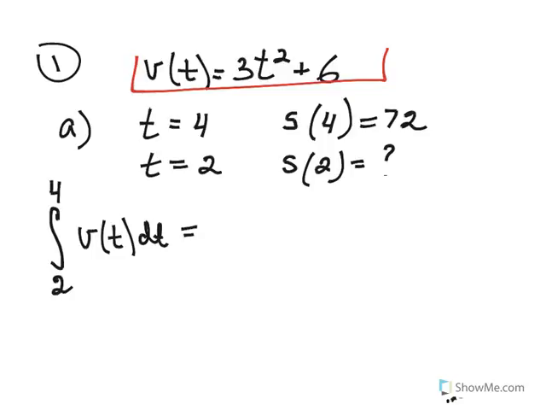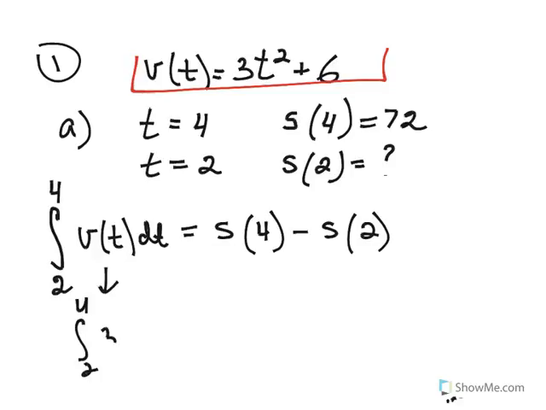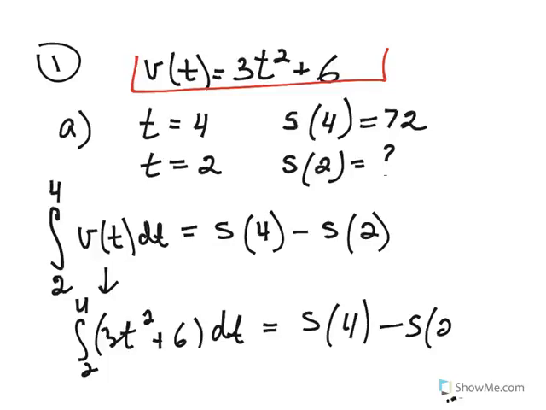Based on the FTC, it's supposed to be s of 4 minus s of 2, correct? Do we have a v of t? Yes, of course, we do have it. It's 3t squared plus 6, please don't forget dt, equals s of 4, I'm going to plug in later, minus s of 2. Let's integrate.